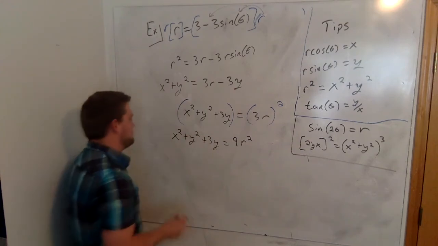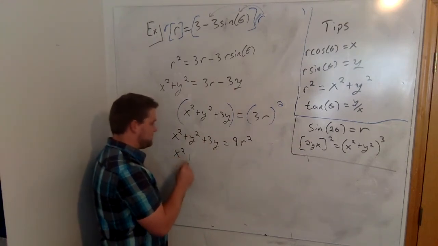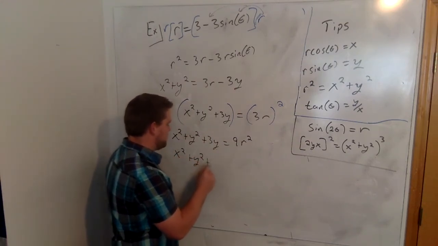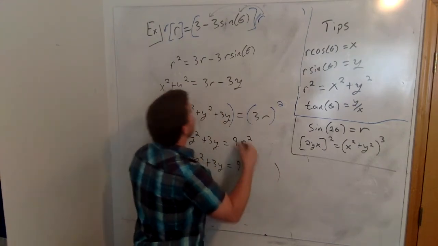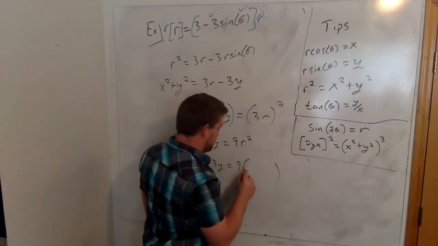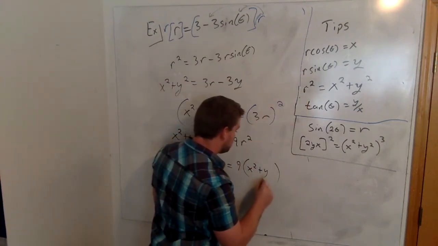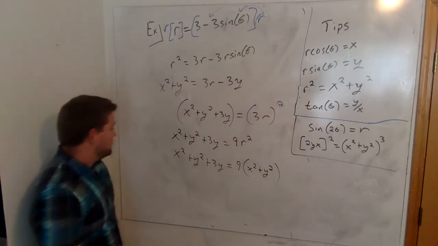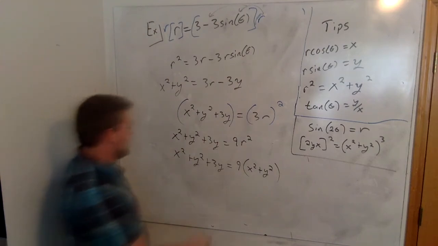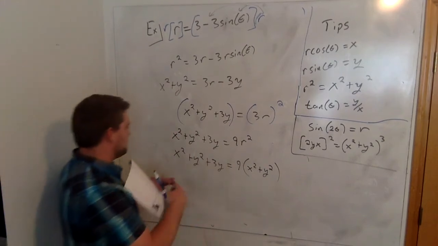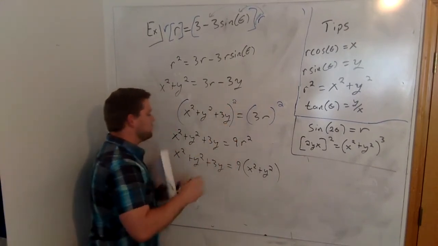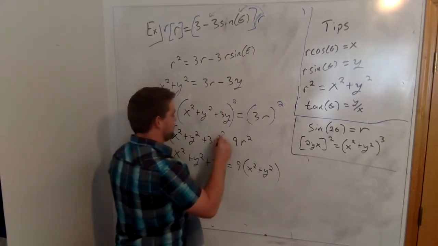And now we can make the replacement. This is the same thing as x squared plus y squared plus 3y. This is going to be equal to 9. r squared is the same thing as x squared plus y squared. And I was supposed to square both sides. Sorry, we're supposed to square both sides, so we should have another square on this side.